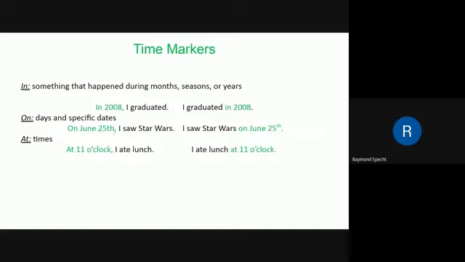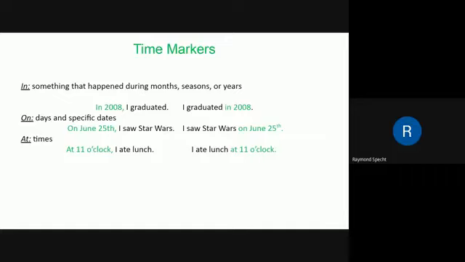On June 25th, comma, I saw Star Wars. I saw Star Wars on June 25th. At goes with time. At 11 o'clock, comma, I ate lunch. I ate lunch at 11 o'clock.